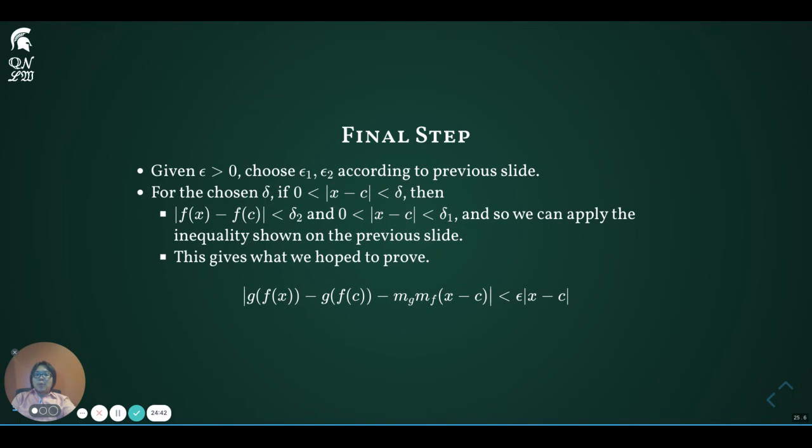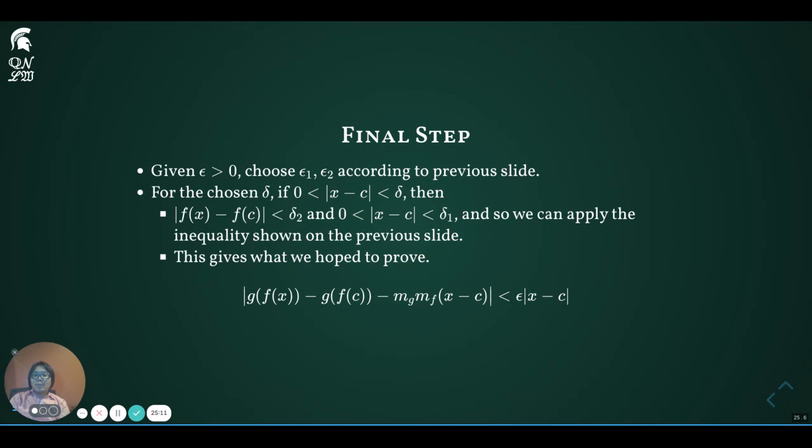So finally, we can put everything together. Given an epsilon positive, we choose epsilon 1 and epsilon 2 using the rules on the previous slide. Remember that these choices are determined after the fact. After we have figured out what we can succeed in proving, then we go back and adjust the choice of epsilon 1, epsilon 2, so we get the correct conclusion. The reason that we can adjust epsilon 1, epsilon 2 is because we are the ones doing the passing of the buck.